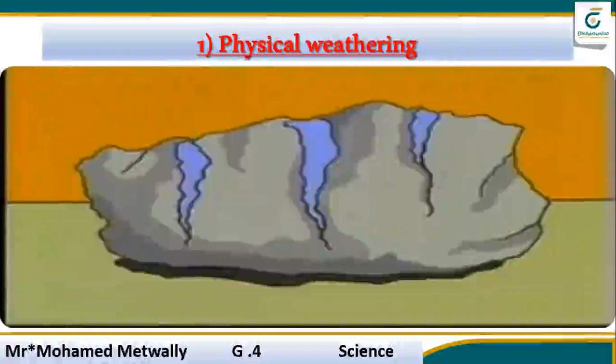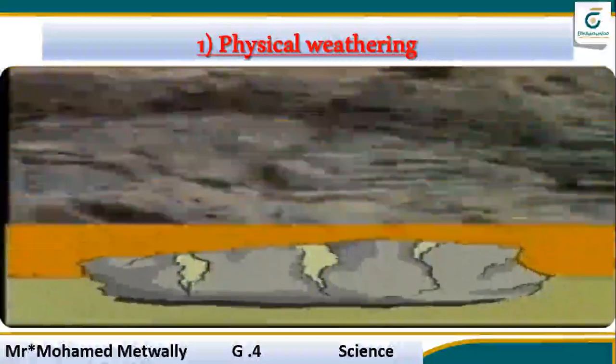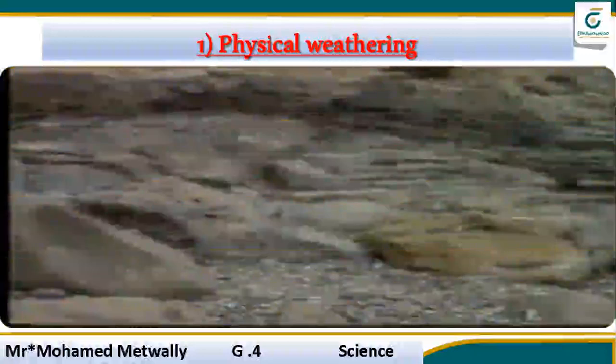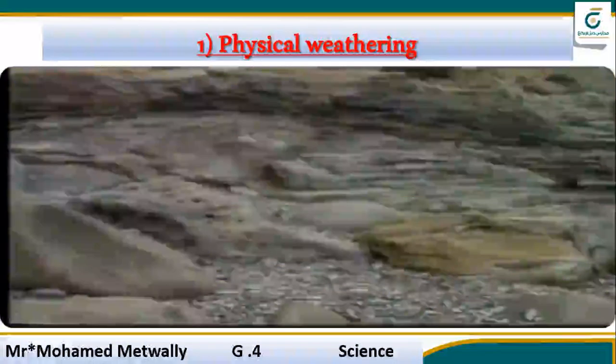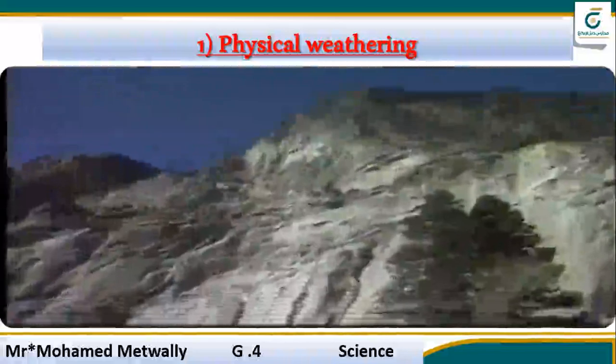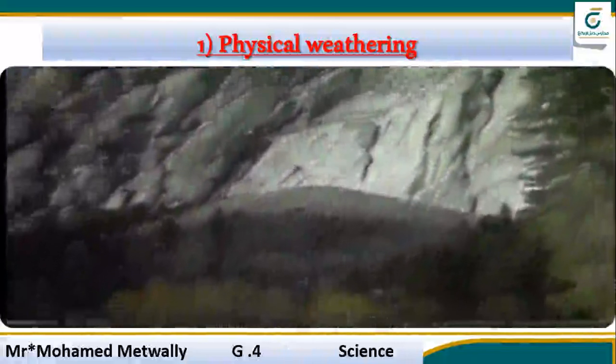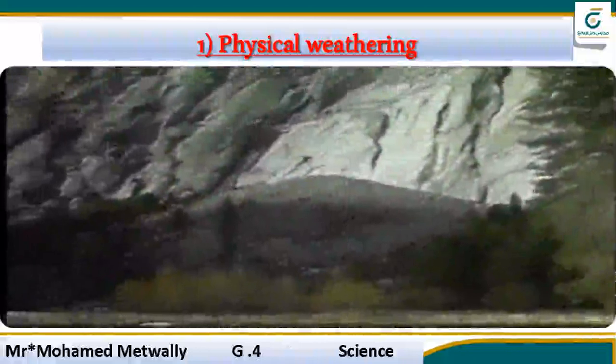When the water freezes again, it further expands the openings in the rock. This cycle will go on day after day, year after year, until finally a once huge mountainside could disintegrate to a pile of small rock fragments.